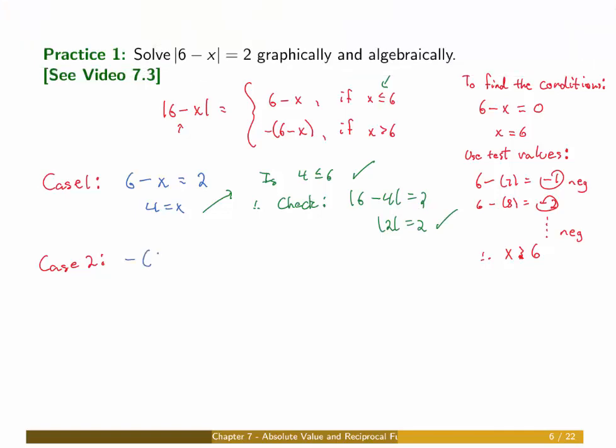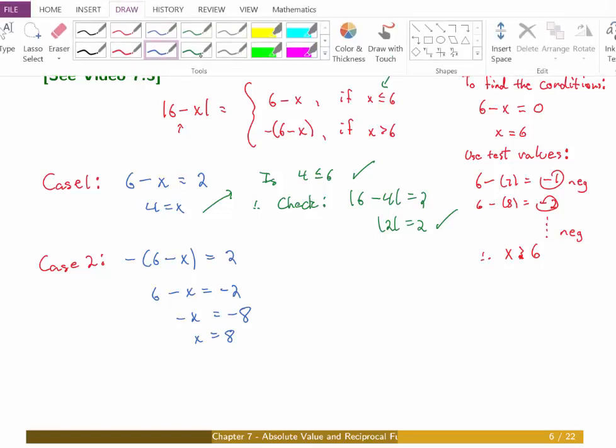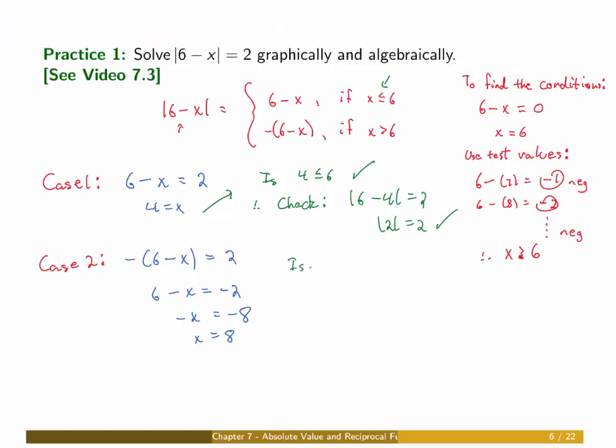The next one we have is negative open bracket 6 minus x close bracket equals 2. In this case, you're going to have 6 minus x equals negative 2, so negative x equals negative 8. So x is equal to 8. And once again, now we're looking at this condition right here: is 8 greater than 6?